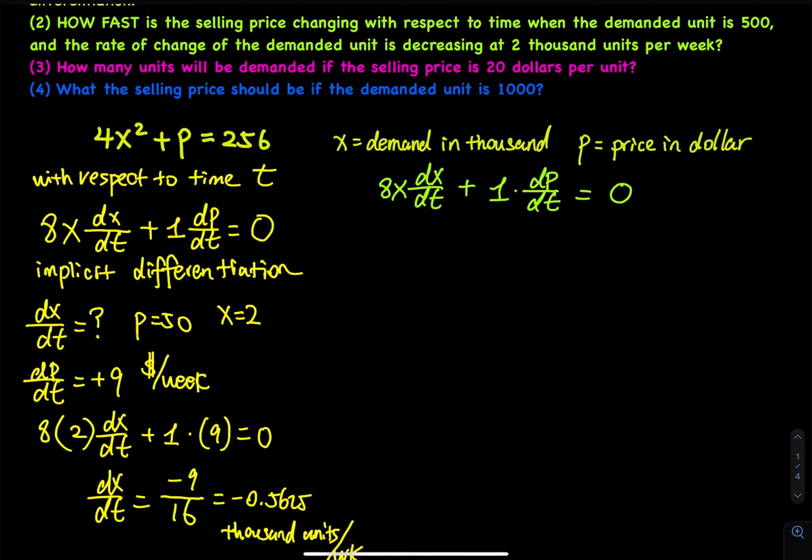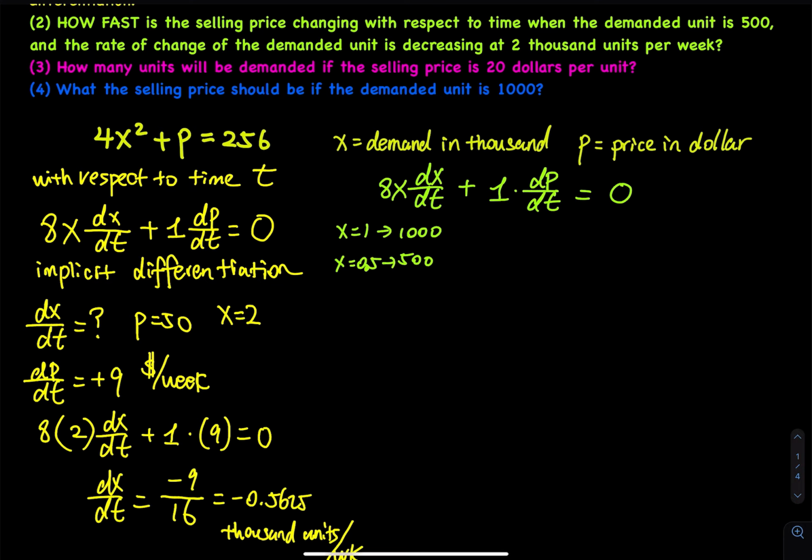And then they said the demanded unit is 500. So x equals 1 means 1,000, right? So how about 500? 500 is half of 1,000, so half of 1 is 0.5. So in this problem, x is equal to 0.5.